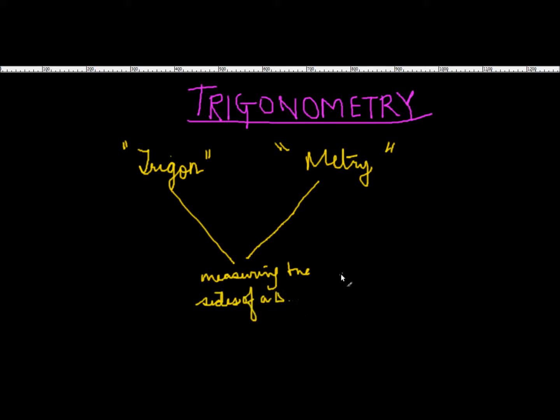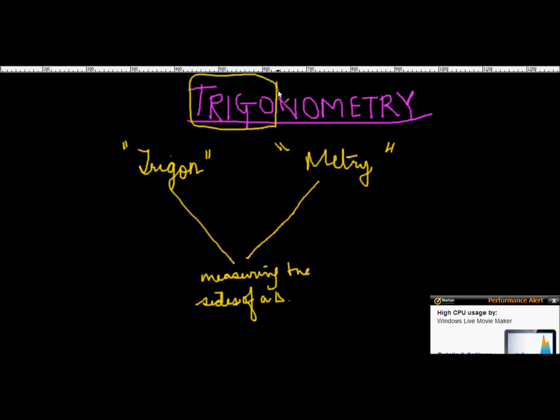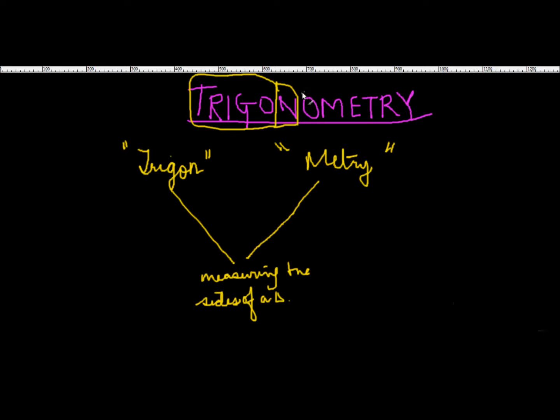It is a triangle, and so that's basically the origin of the word trigonometry. So it's been split up into two parts: trigon and metry. So that bit was on the origin of trigonometry.